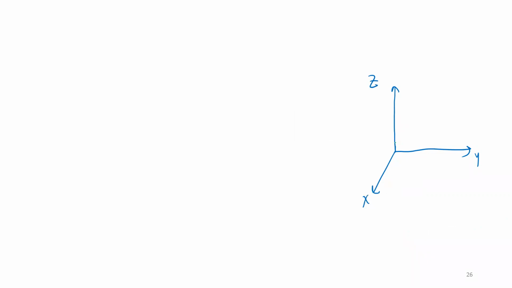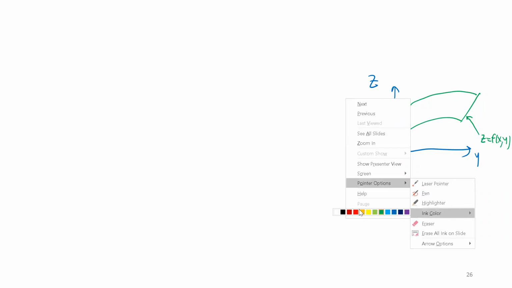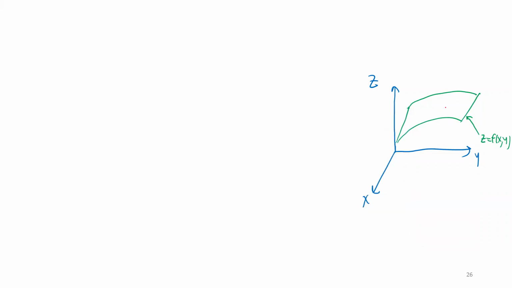This is my curved surface, suppose the function looks like this. I call this z equals f of x, y. Now I'm going to consider a particular point, say this point in the x and y coordinates is (a, b). I want to do the Taylor expansion about this point.